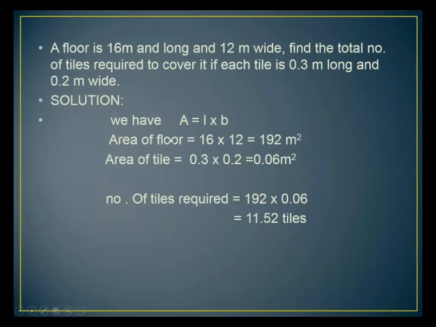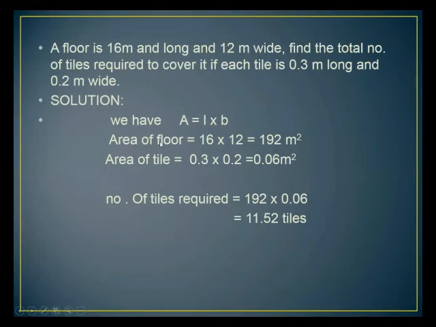And again, do remember that 16 is given in meters and 12 is also given in meters. Here we have to multiply two values, and when two values are multiplied, their exponents will be added. The exponent of the meter is 1 here and the exponent of the meter is also 1, so when we add the exponents according to the law, it becomes meter square.